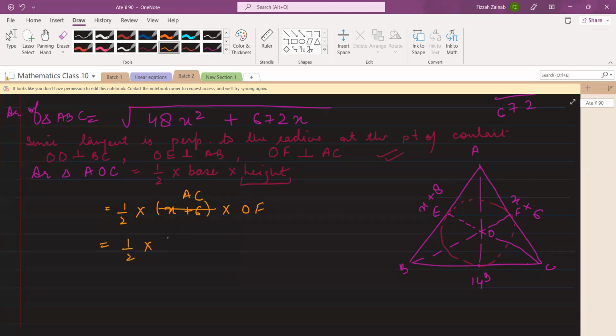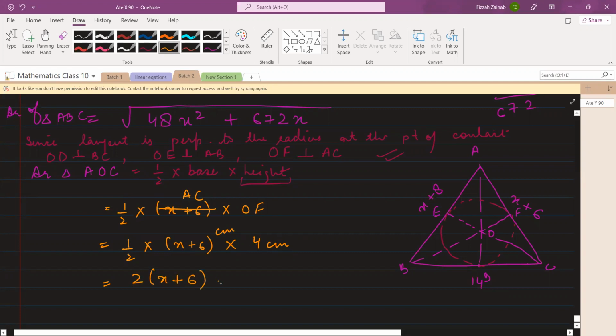So half into x plus 6 into OF is 4 centimeter, radii of the circle. So 2 cancel out, so it will be 2 into x plus 6 centimeter square. So 2x plus 12 centimeter square. Is that okay?